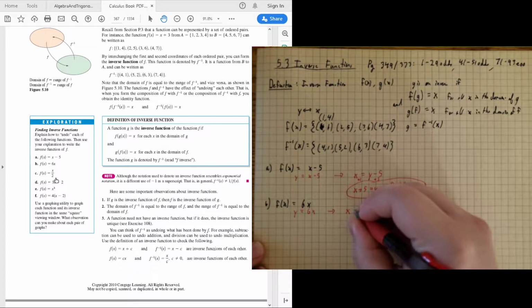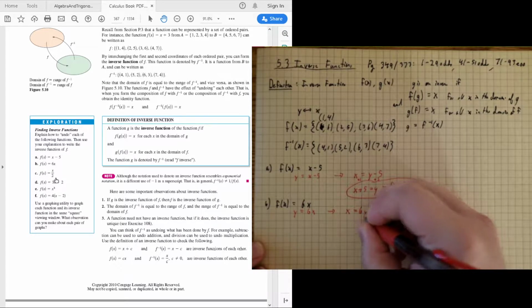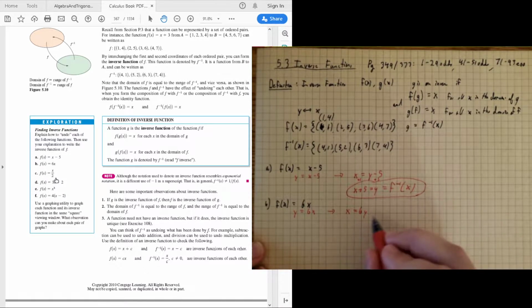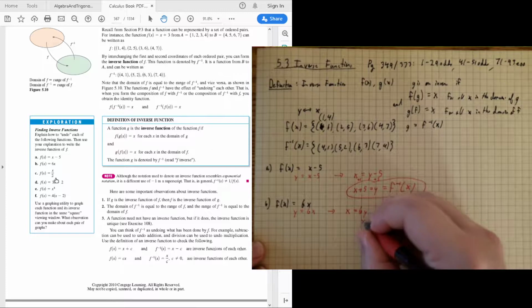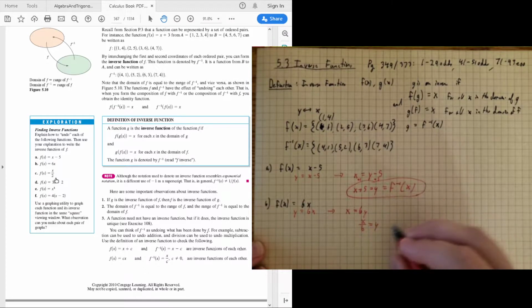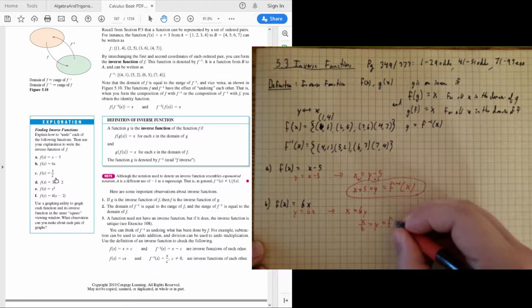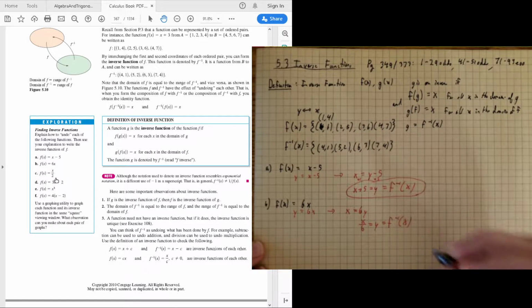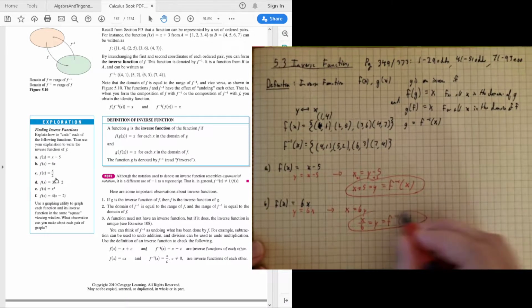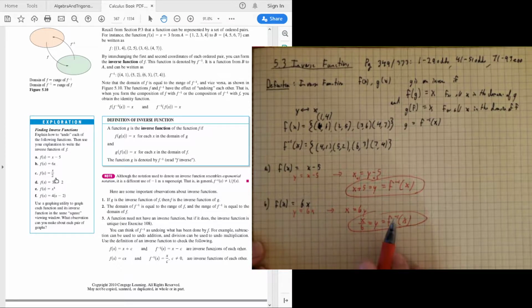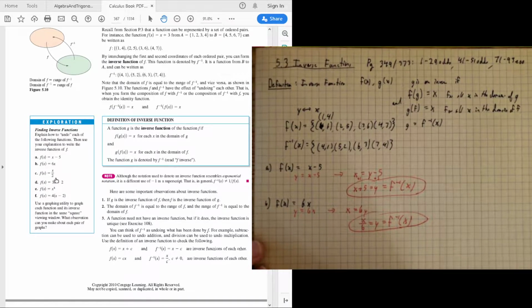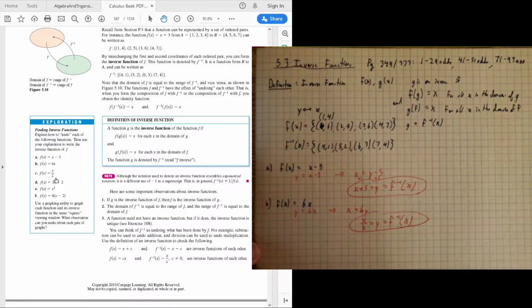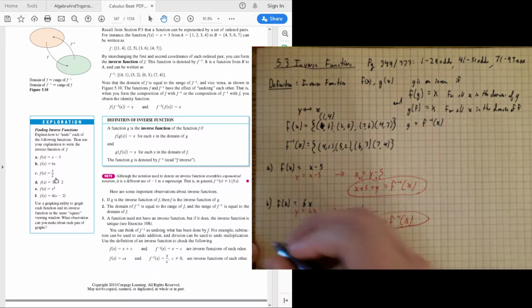Everywhere there's a y, it becomes an x. And then we solve algebraically. I would divide both sides by 6. I get x over 6 equals y. Once y is by itself, we call this f inverse. So if this is my f function, this is my f inverse function. See? Same thing.